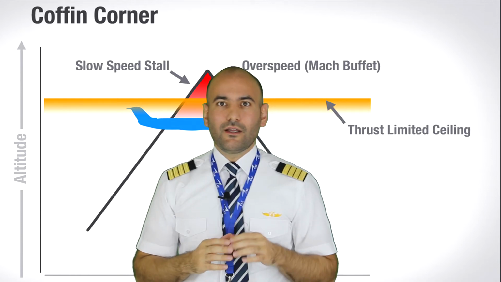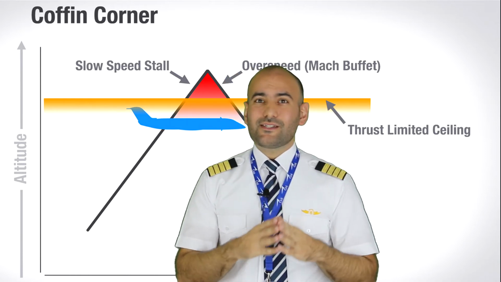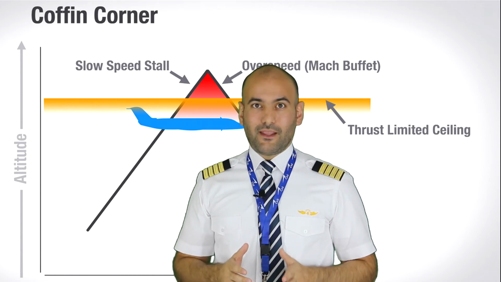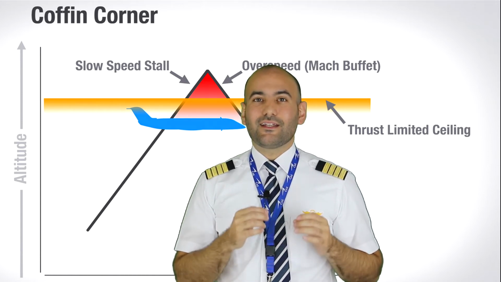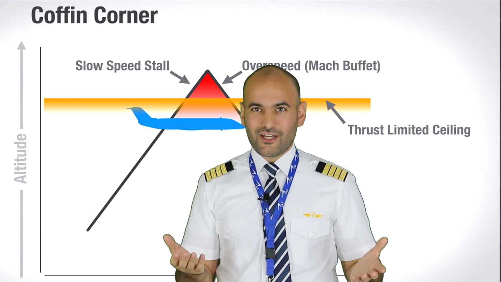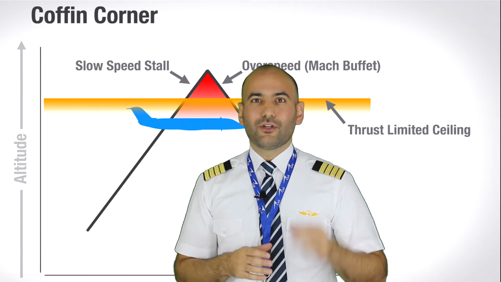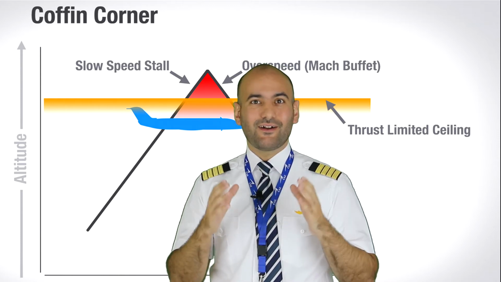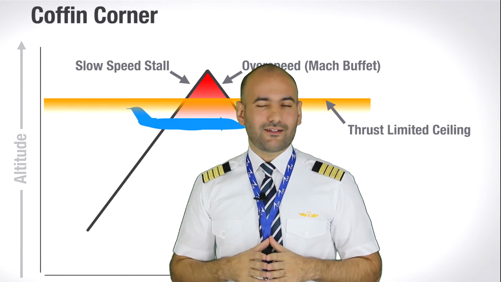So imagine we have an airplane which stalls at 200 knots indicated airspeed. As the altitude increases, indicated stall speed will not change. However, true stall speed will increase approximately 4% per 1000 feet of altitude.